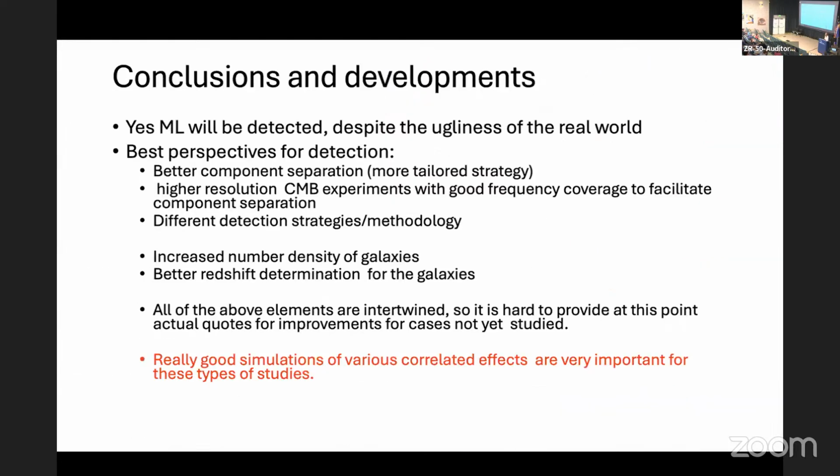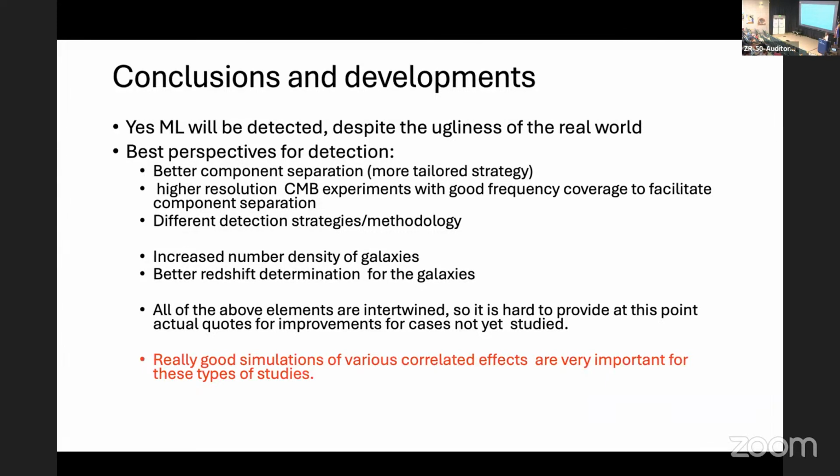So as a summary, yes, the optimistic results of a few years ago that didn't consider the real world are confirmed in a sense, so we will be able to detect this signal. However, in general, we do need good simulations with correlated physical effects. We need a good estimate of the noise.